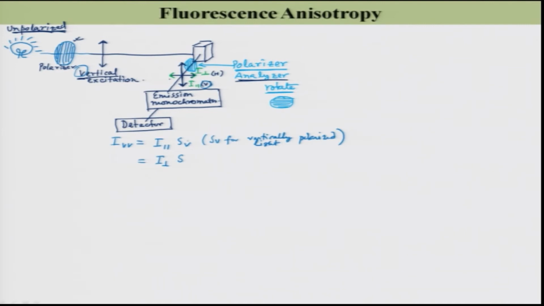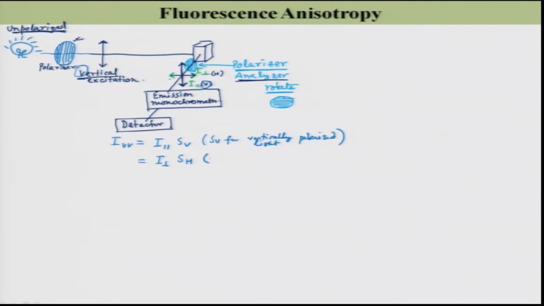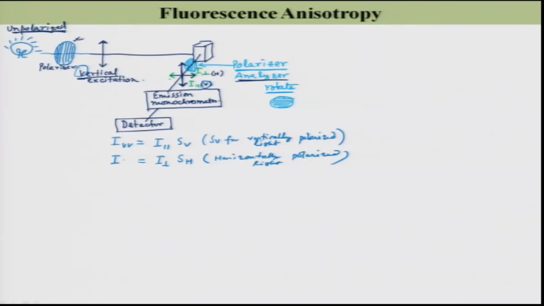But for horizontally polarized light, this sensitivity is not the same as for vertically polarized light, they are different. So, here this sensitivity SH is for horizontally polarized light. Right, that is it, and I name it as I VH. Here is my vertical and here is my horizontal.